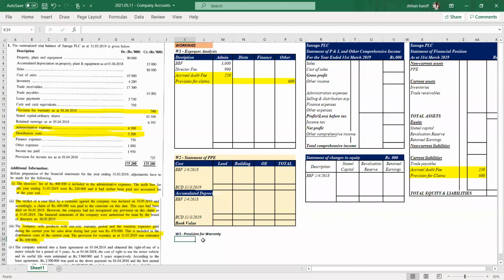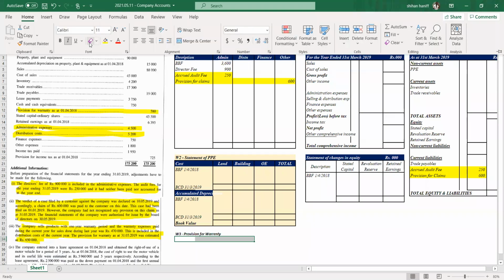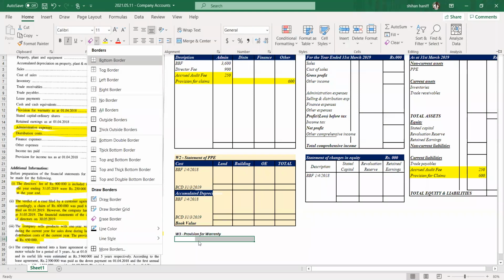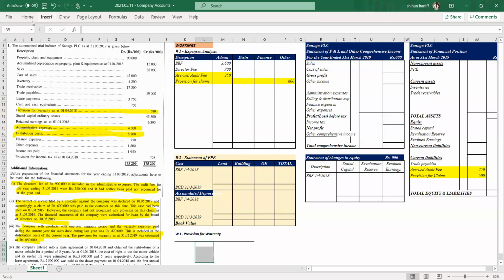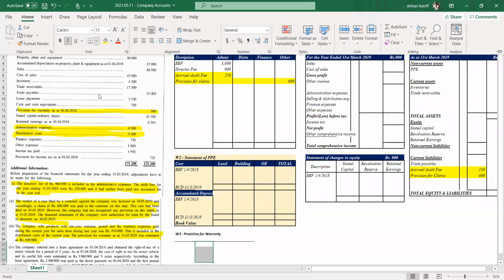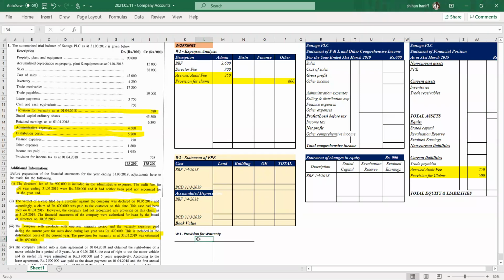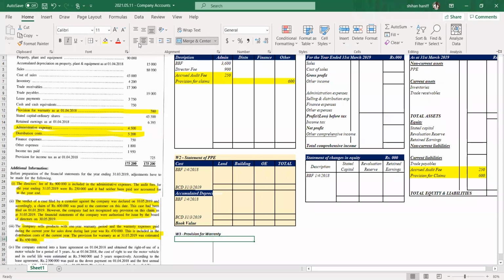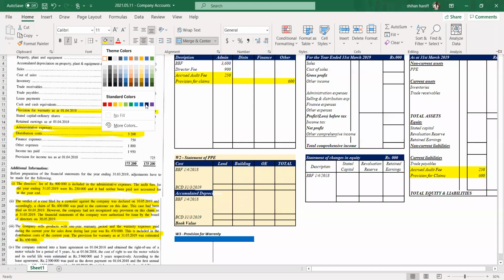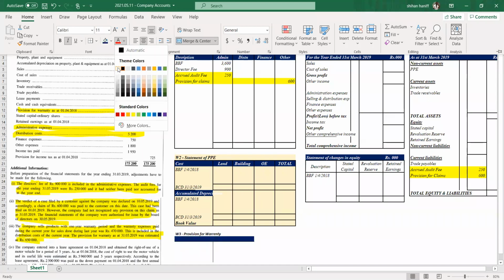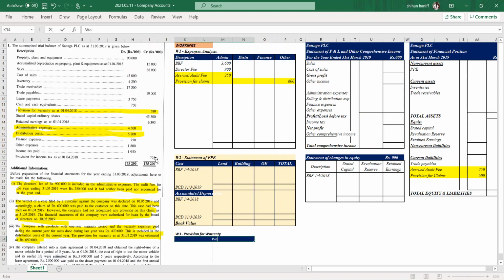So let's draw a T account, the provision for warranty account.